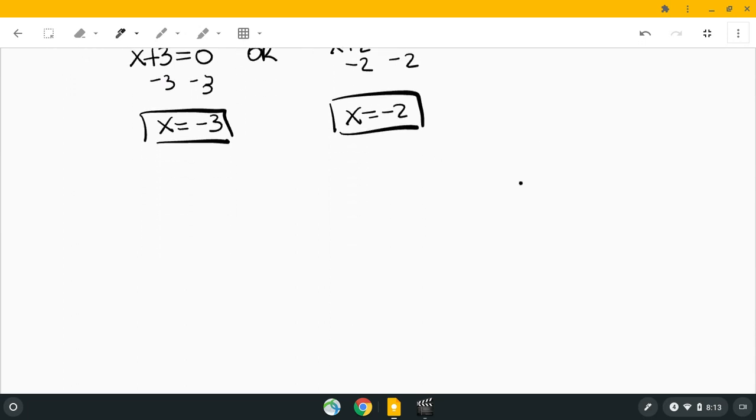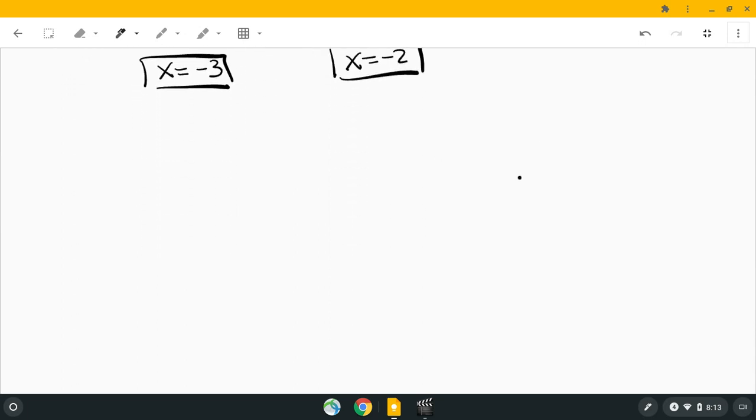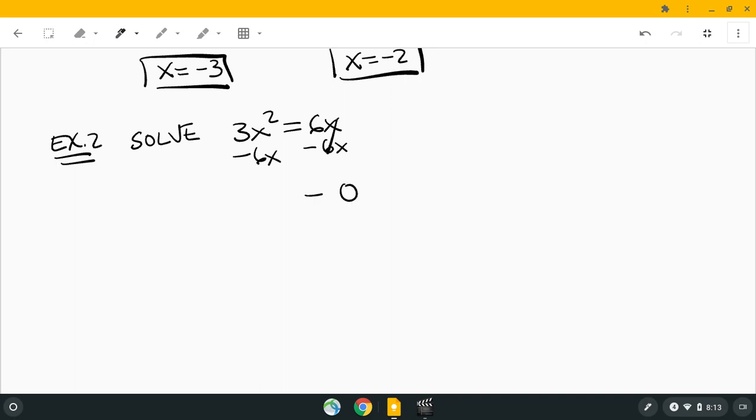Okay. All right, let's take a look at this one. Let's solve 3x squared equals 6x. Okay, so again, make sure it's set equal to 0. It is not. So we need to move this over to this side, right? That will give us our 0. Okay, now we have our 0, so now you can factor.